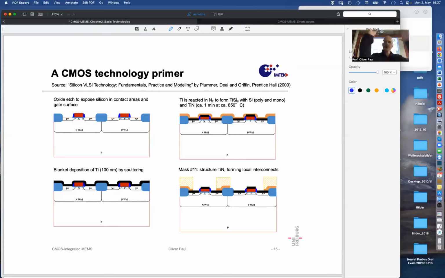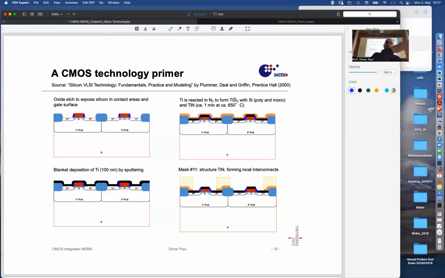They do react. If you look at the alloy diagram of titanium and silicon, there are these phases, and the titanium silicide is conductive. It's metallic in nature, and so it forms a clear interface between the silicon and a metallic conductor.